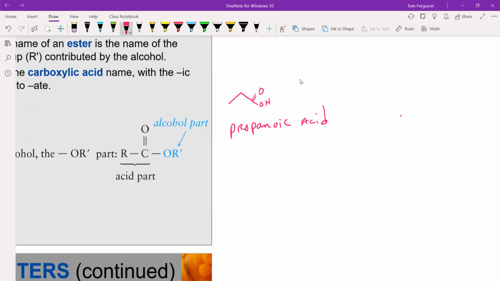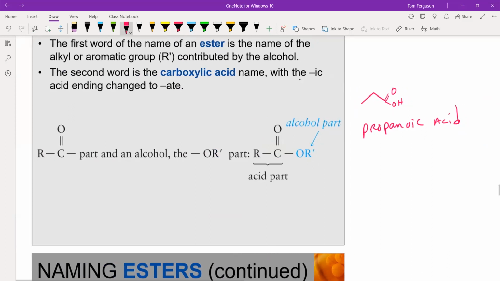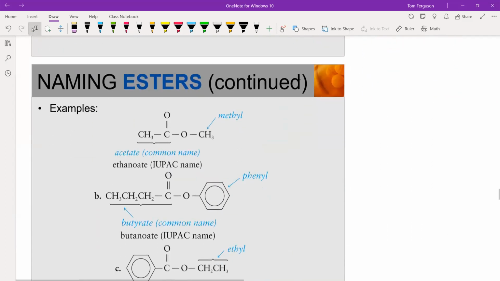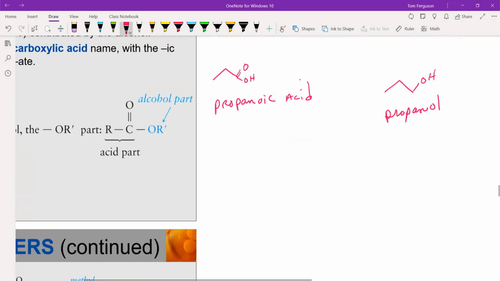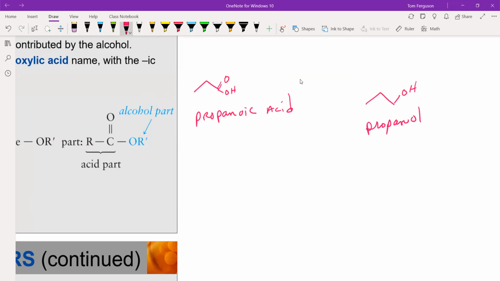If we have a three-carbon alcohol, that would be propanol. So we're going to be adding these two together for the ester. The first part is going to be naming the alcohol part of the ester. Okay. So that would be propyl.